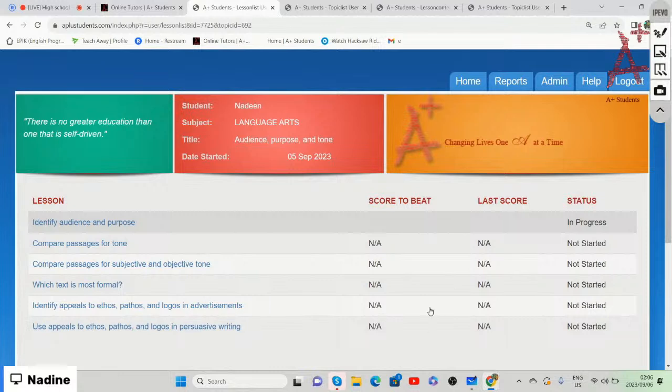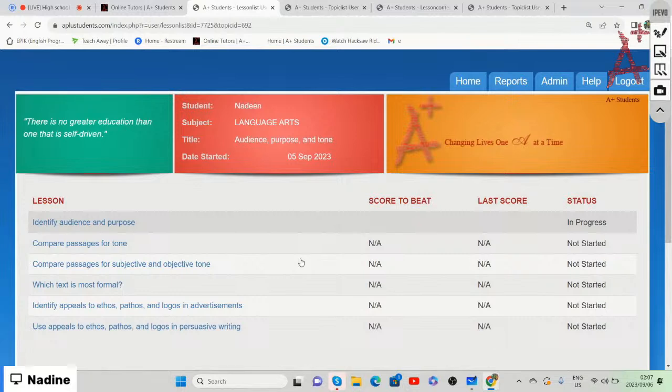All right, once we are within the chapter of audience, purpose, and tone under grade 10, we're going to focus on a few lessons. The first lesson is identifying audience and purpose. Then we're going to compare different passages for tone, and compare passages for subjective and objective tone.